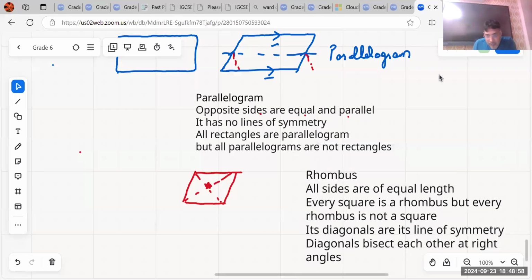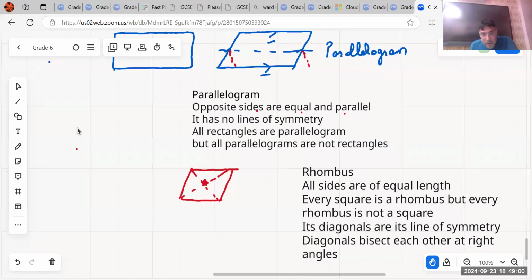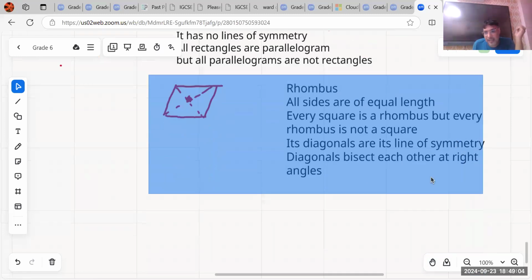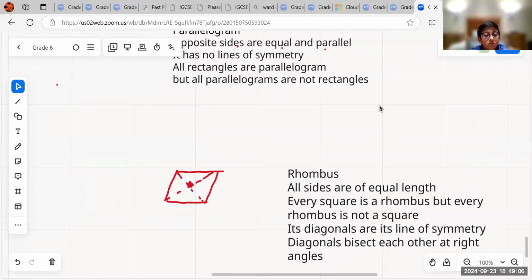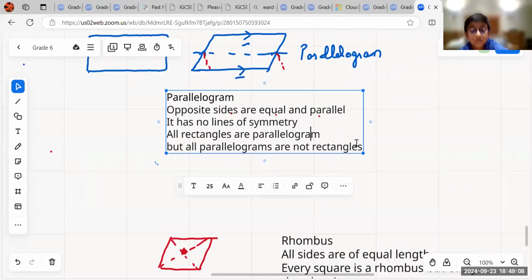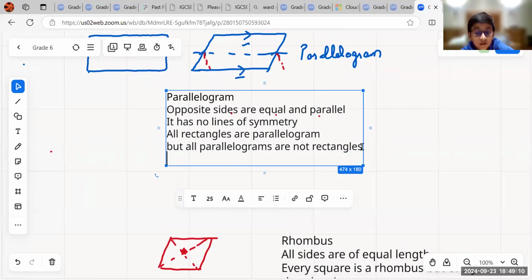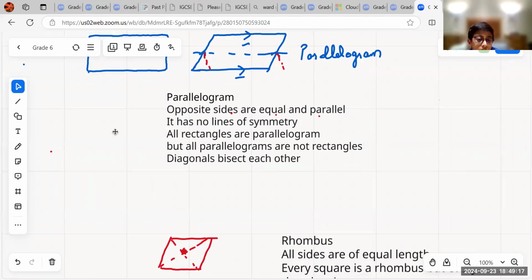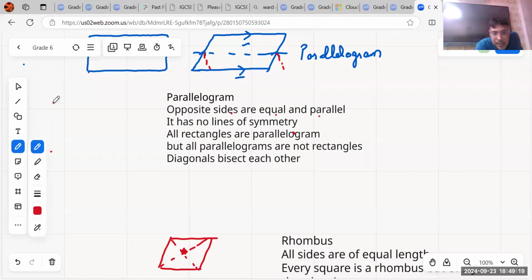The point about diagonals we can write in parallelograms also. Diagonals bisect each other. What does bisect mean? To cut through something. If these are my diagonals, then this and this are equal, this and this are equal.